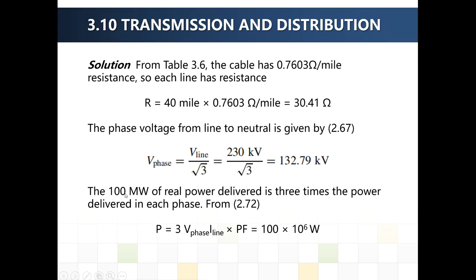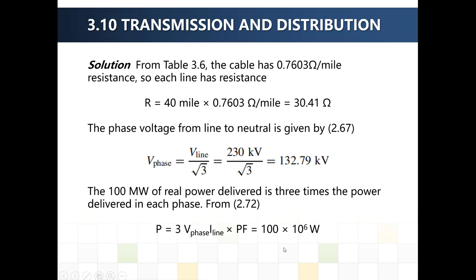As we know, the 100 megawatt real power delivered through the three-phase system is P equals 3 times V phase times I phase times the power factor. Since it is a Y-connected system, I line is equal to I phase.